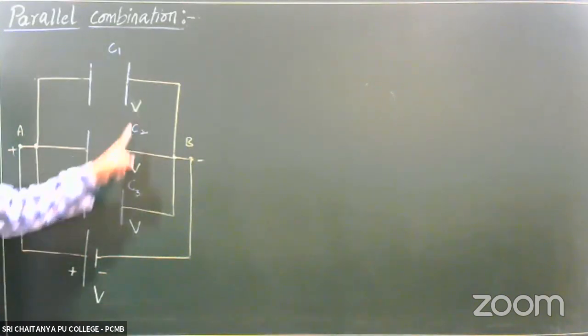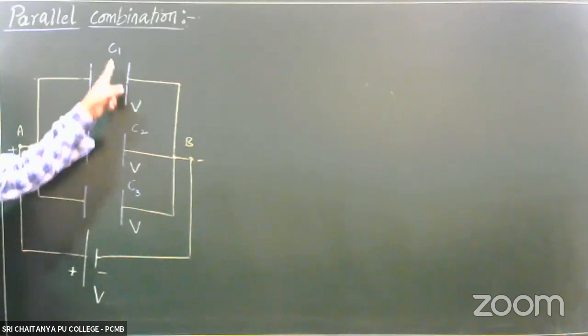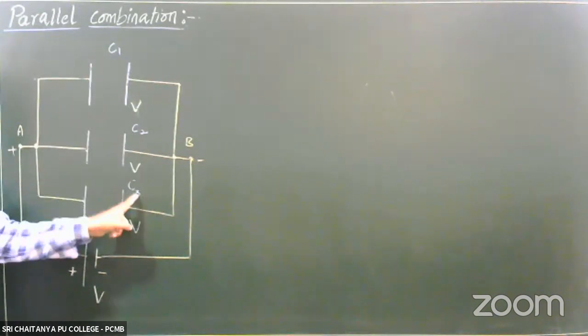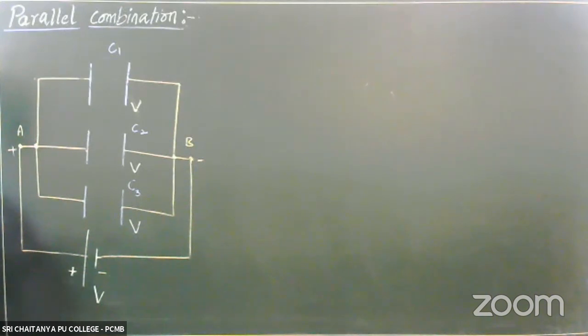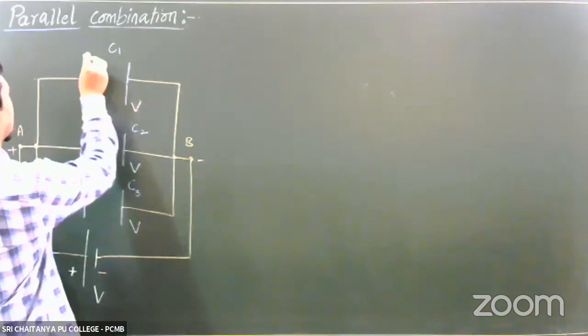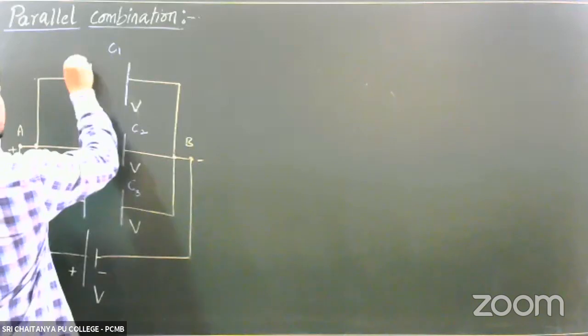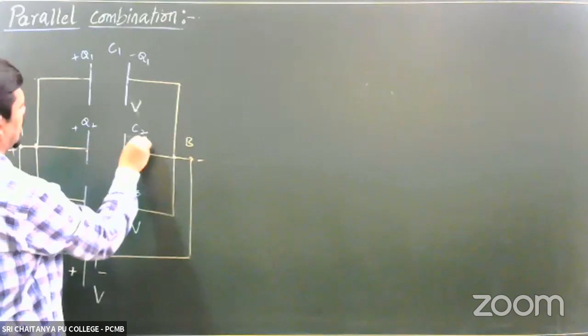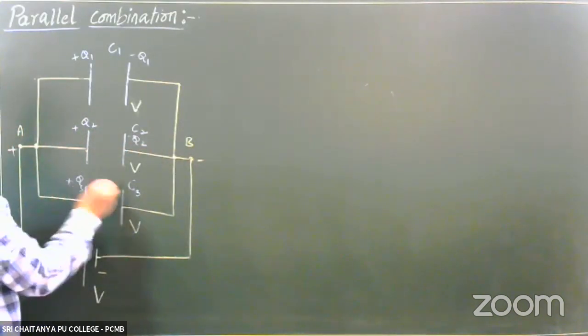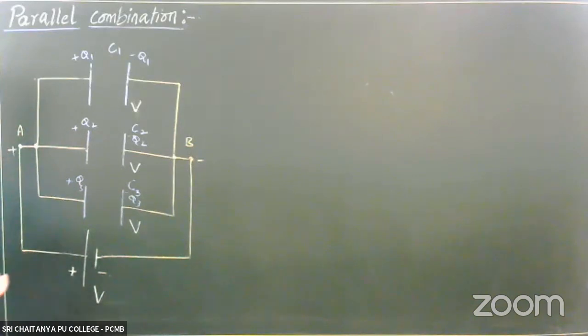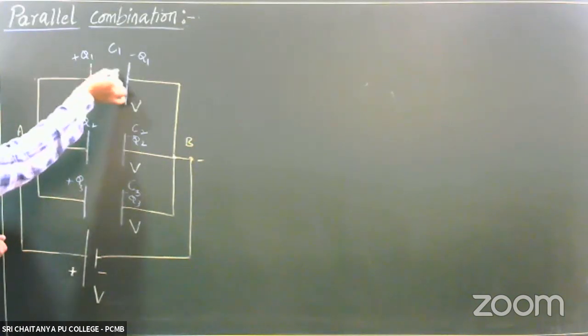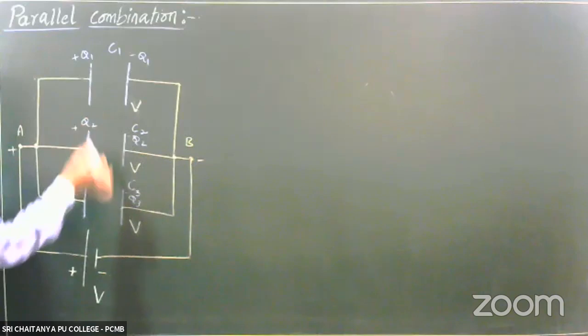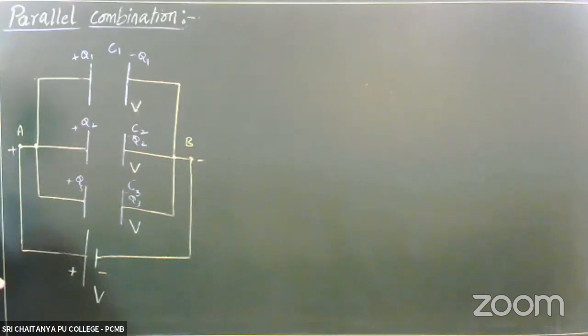See here, potential is the same, but the capacities are different. From those, we can find out the charges on the capacitors. Q1 is the charge on this capacitor, Q2 on this capacitor, Q3 on this capacitor.